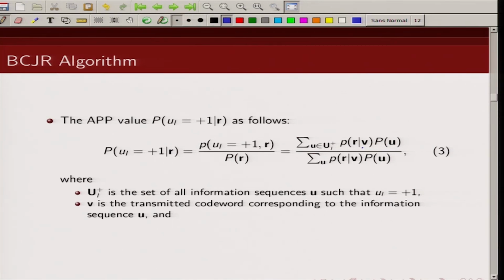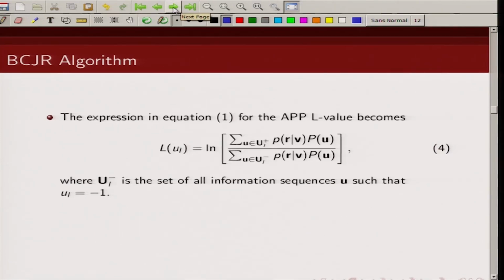Our transmitted code word is V, our information sequence is U, and R is the received sequence. So, the probability of R given V can be computed from the given channel.